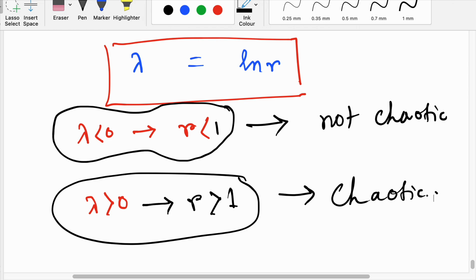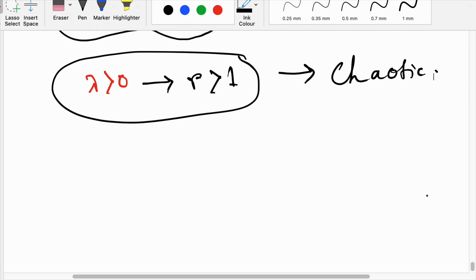Now this is a very simple example to do, but in reality the problem is that in most cases you cannot do it algebraically by hand. You have to use a numerical method, or use the computer to calculate the Lyapunov exponent. For example, the logistic equation that we are studying here. If I want to see what the value of lambda is as I increase r, what do we do?